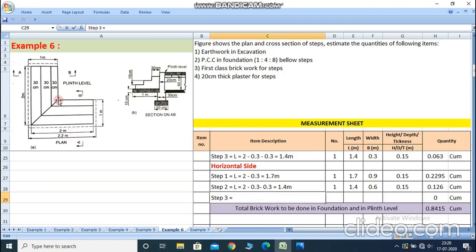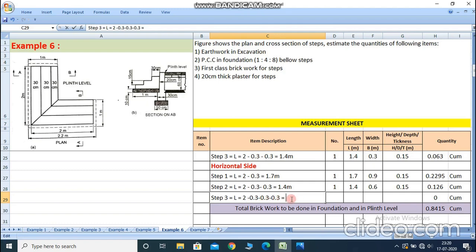Now for step 3, this portion, see my cursor point from this corner point to this corner point, because this part is already calculated. So here total length is 2 meter given, 2 minus 0.3 minus 0.3 minus 0.3. So from this line to the corner point, total length L is equal to 2 minus 0.3 minus 0.3 minus 0.3.